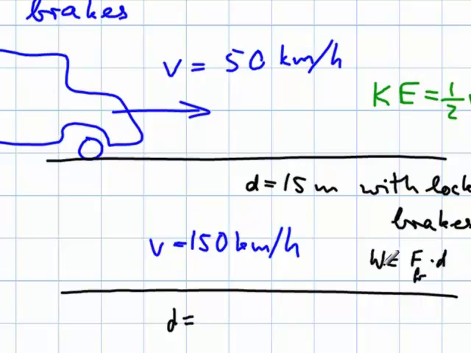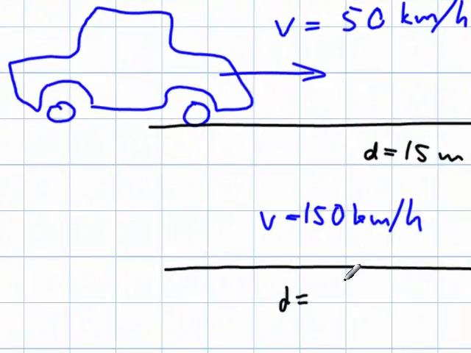If the kinetic energy is going to ninefold, because that's what it does with tripling the velocity, that means that the work will ninefold, and we assume that the brakes are the same in either case. So the force of the brakes is going to be the same. Well, that means that the distance traveled will be 9 times as much.